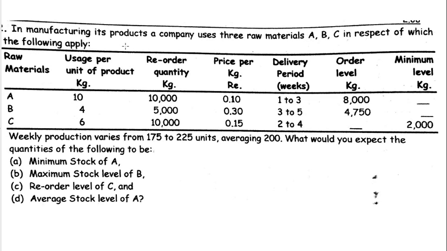What would you expect the quantities of following to be? Minimum stock of A. Let's see. What we have to find out is, first he says find out minimum stock of A. Now what is minimum stock?